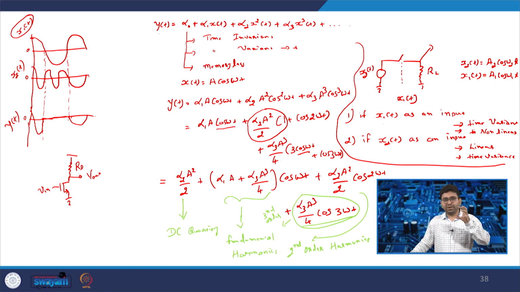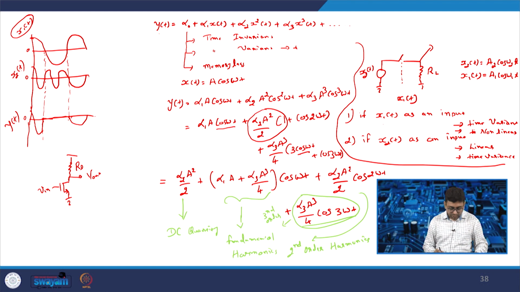Let us say if your omega naught is 2.4 gigahertz, then your second harmonic is twice of that, 4.8, and the third harmonic will be three times that, and the amplitude changes with a square, a cube: for this there is a square by 2, for this there is a cube by 4.